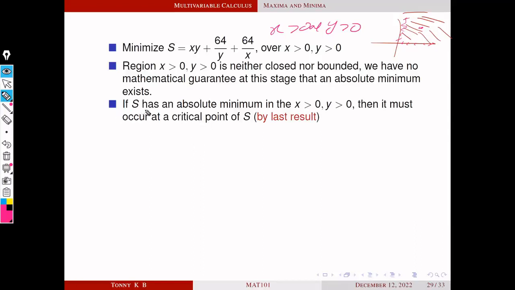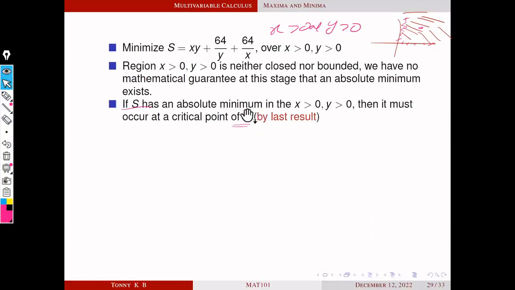We don't know whether a minimum exists or not. If it exists, then it must occur at a critical point. So anyway, we are trying to find all the critical points.